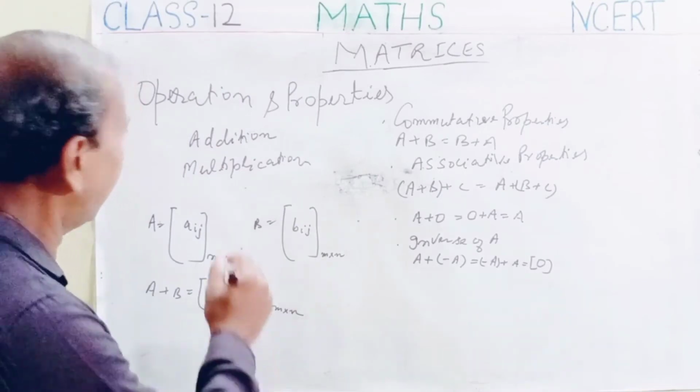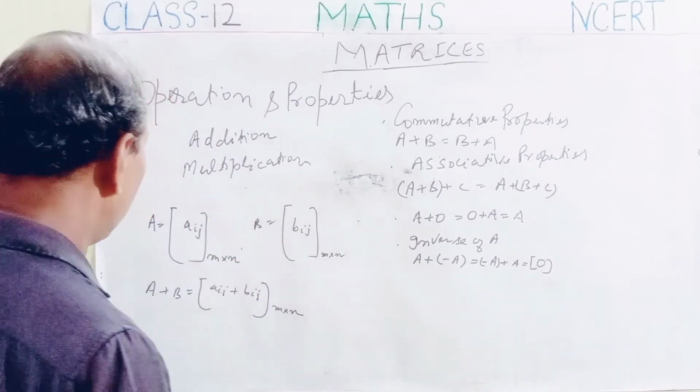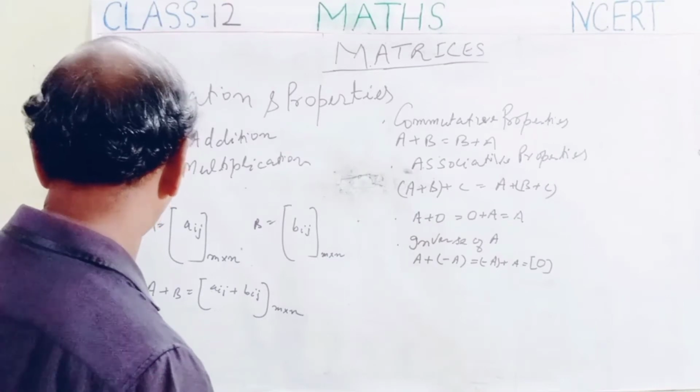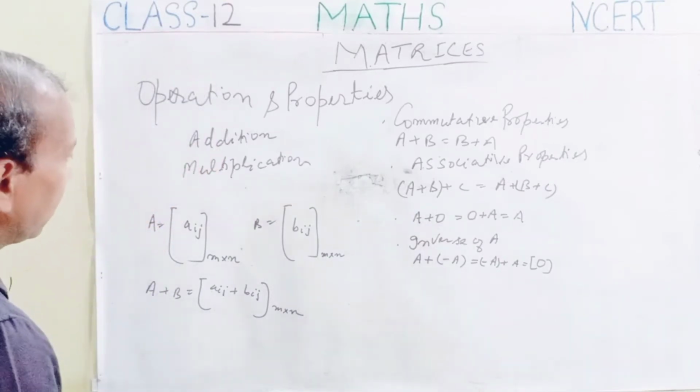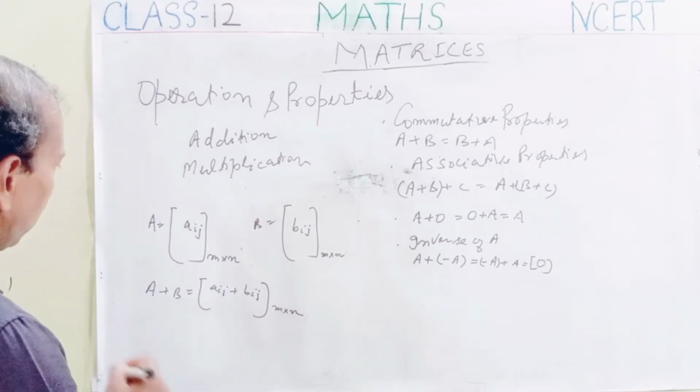Let us see the other one, the multiplication. The two matrices are given, and I want to find the multiplication of those matrices.